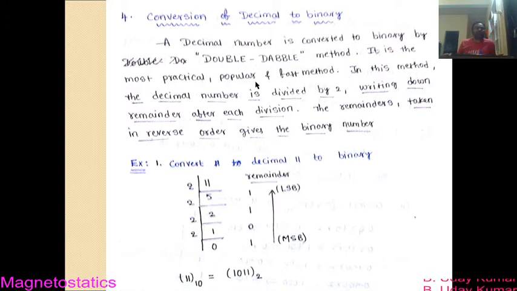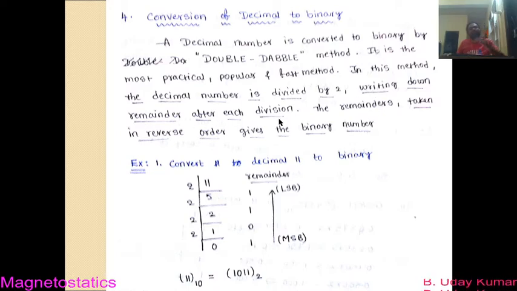In this method the decimal number is divided by 2. Please check it out. Here we are dividing the decimal number by 2, writing down the remainder. Whenever you divide the decimal number by 2, there will be a remainder that you get, and that remainder is written on its side, after each division.